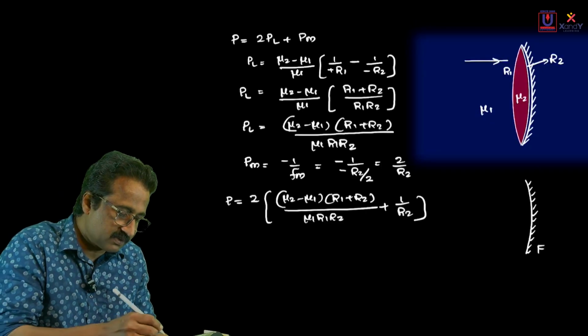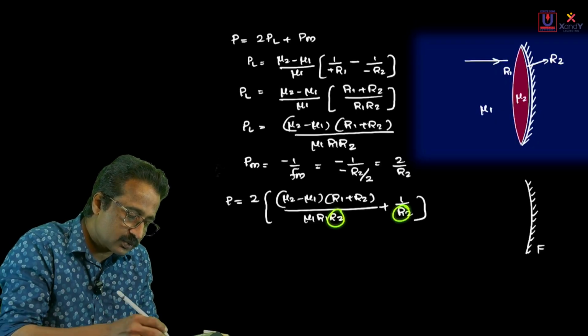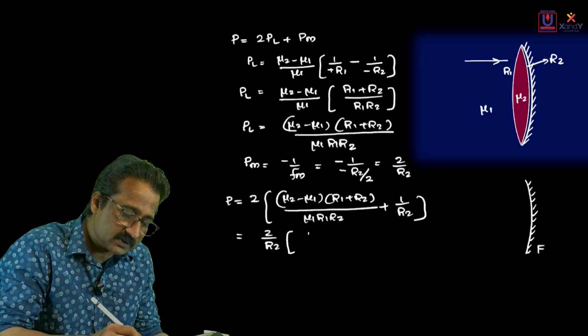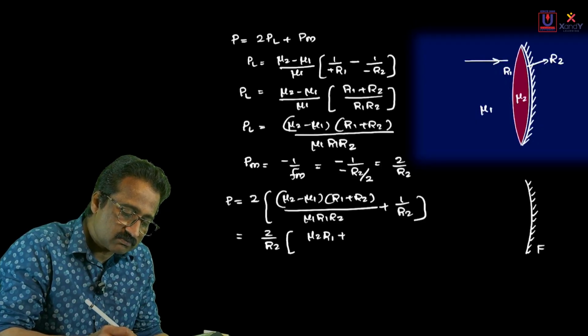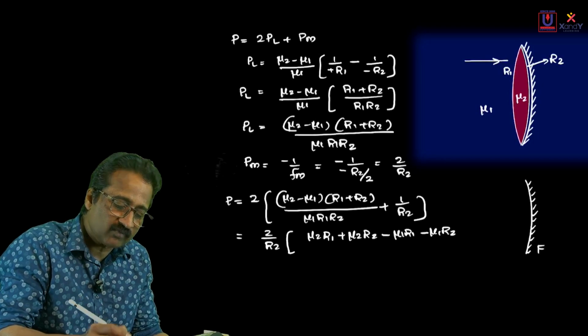To make it simple, I can take R2 also common because there is an R2 here, here is an R2. Let me simplify it as 2 divided by R2, that into, let me expand the brackets on the top. It is mu2 R1 plus mu2 R2, minus mu1 R1 minus mu1 R2 when I expand it.